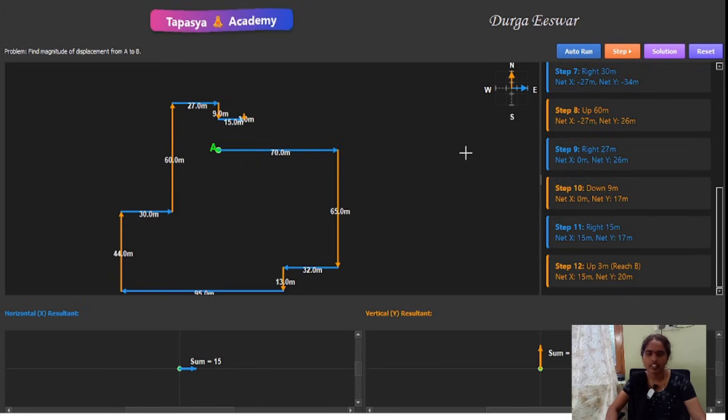To calculate the net displacement of the horizontal vectors, add all the displacement vectors in the east direction and subtract all the displacement vectors in the west direction. After simplifying, the net displacement of the horizontal vector is 15 meters.